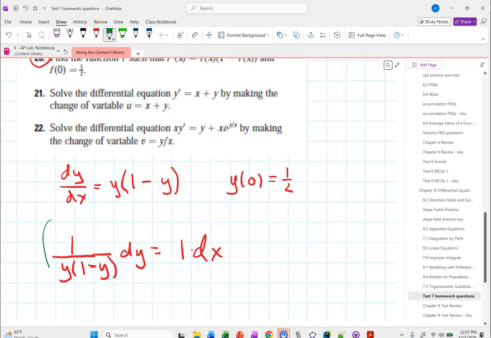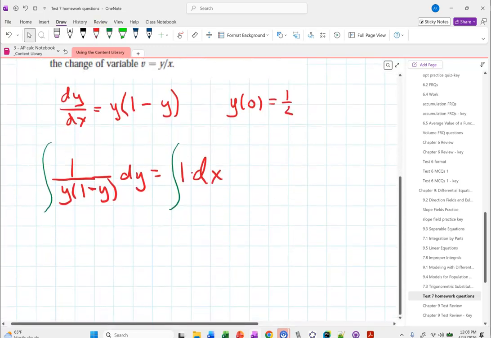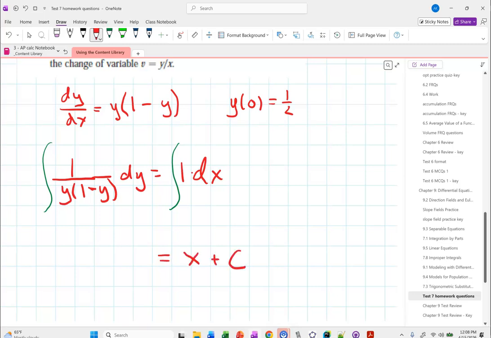And now that we've got things separated, we'll integrate both sides. Now the integral of dx is real easy, right? That's just x plus c. How am I going to integrate 1 over y times 1 minus y?